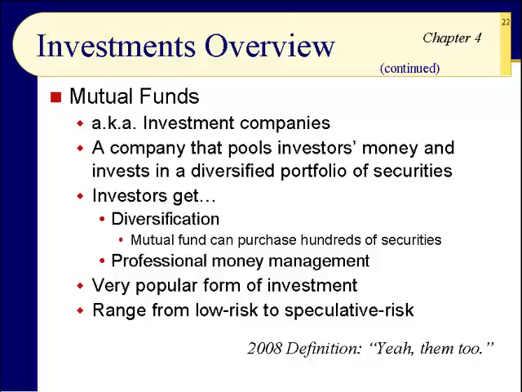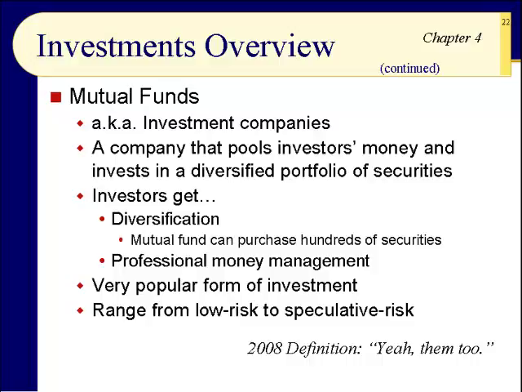Well, think about it, folks. We have limited funds, those of us in the workaday world. Can we really buy 20 different stocks or 20 different bonds? It's difficult for us. It's not impossible, but it's just difficult. When you buy a mutual fund, you get instant diversification because the mutual fund can purchase 200 or 300 stocks or bonds. And these people are professional money managers.